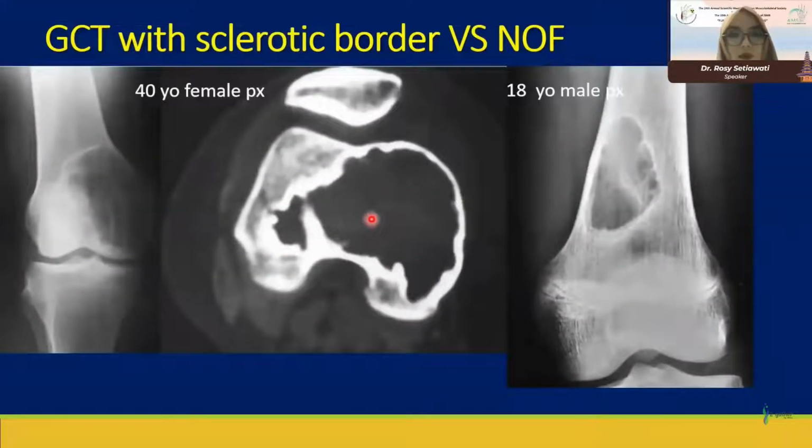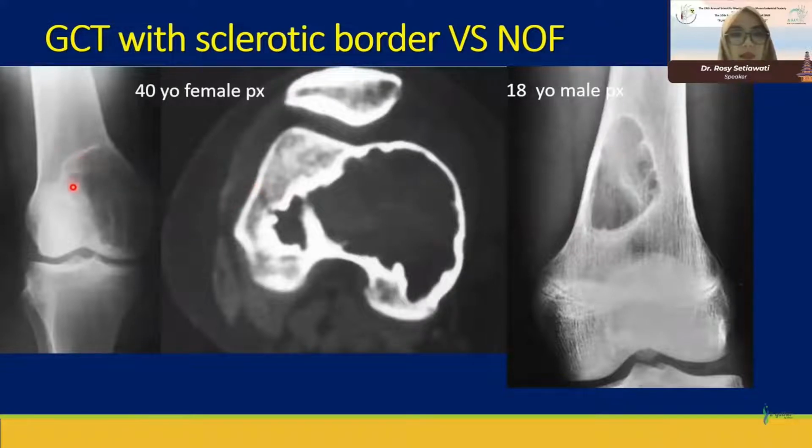GCT with sclerotic portion versus fibrous tumor we also consider a mimicking lesion, because the difference is that the epicenter of fibrous tumors is more likely in the metadiaphysis, rather than the metaepiphysis as in GCT.